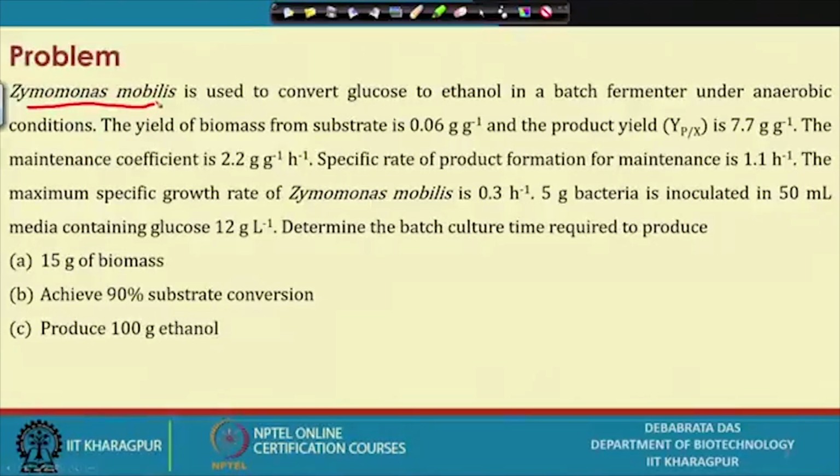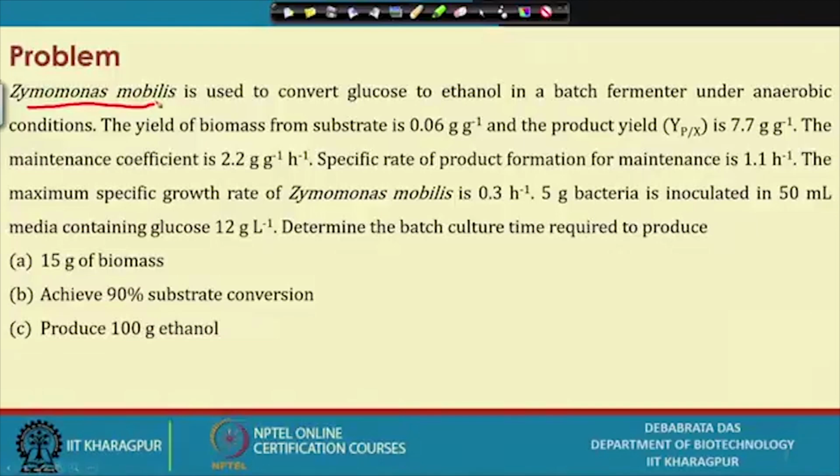Mostly ethanol fermentation takes place using yeast cells, Saccharomyces cerevisiae. Scientists are working very hard on how Zymomonas mobilis can be used for ethanol fermentation, because the doubling time of Zymomonas mobilis is much less than that of yeast cells.